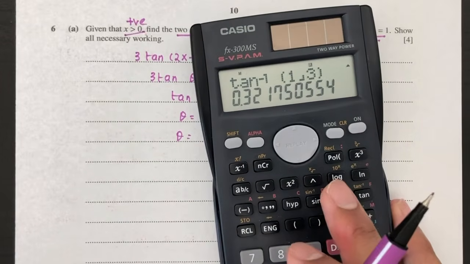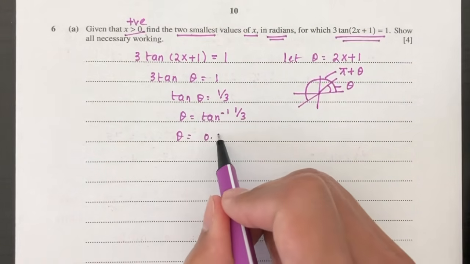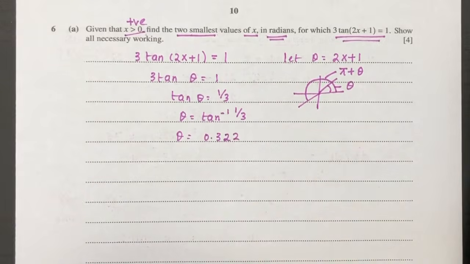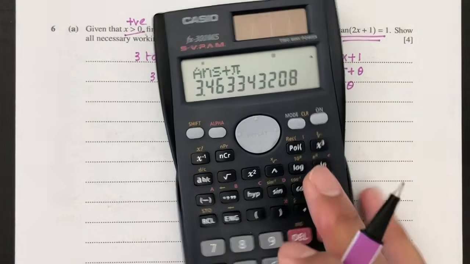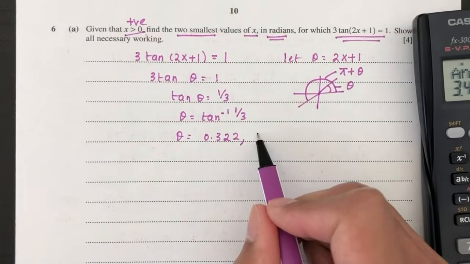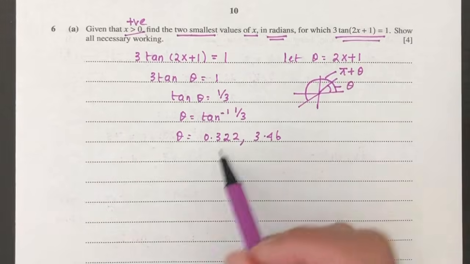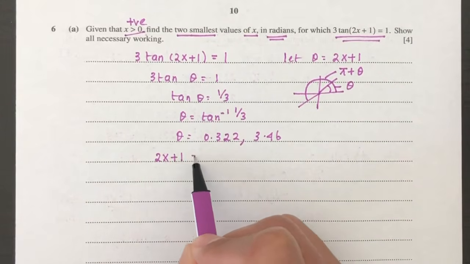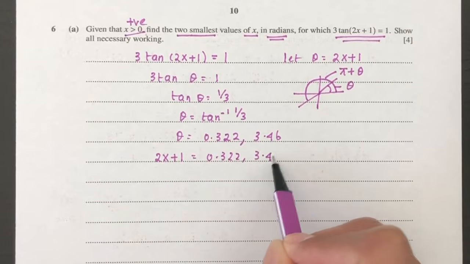That will be 0.322. Okay, that will be the first value, and then plus pi, 3.46, correct to 3 significant figures. Now let's put this value back here. You will have 2x plus 1 equal to 0.322 and 3.46.